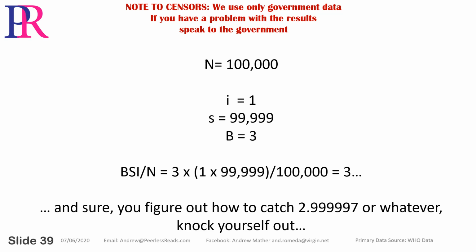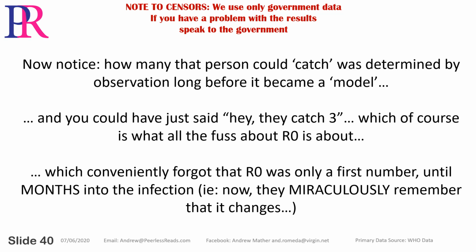And sure, you figure out how to catch 2.999997 or whatever, knock yourself out. Now notice, how many that person could catch was determined by observation long before it became a model. And you could have just said, hey, they catch 3, which of course is what all the fuss about R0 is about.